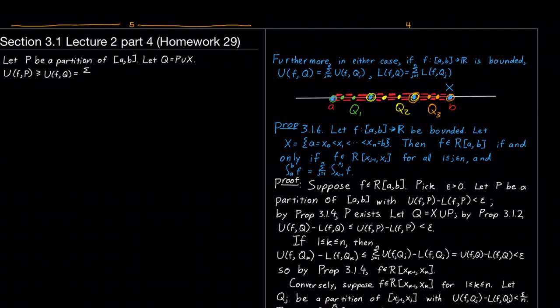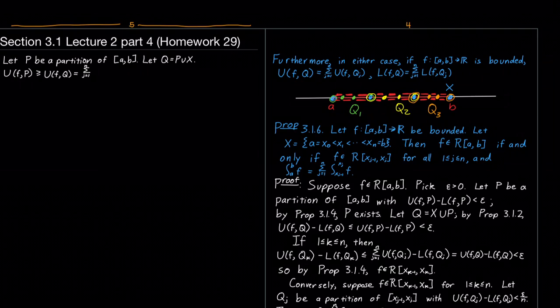And that's the sum from j equals 1 to n of the upper sums on the Qj's. And then we remember that the integral from xj minus 1 to xj of f is the infimum of all the upper sums over partitions of this interval.